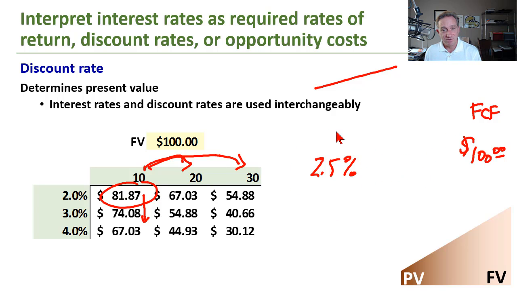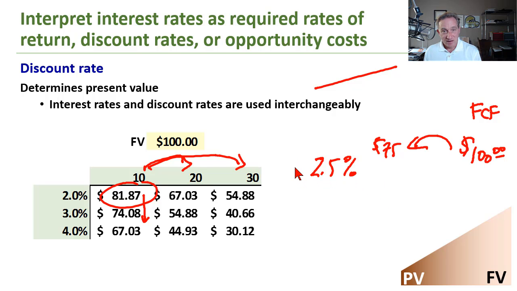And if the Federal Reserve's number here of 2.5% is correlated with the discount rates used, it has a direct effect on the present value and therefore the stock price of the company, right? Maybe at 2.5%, the present value of that company is, I'm just making this up, $75.